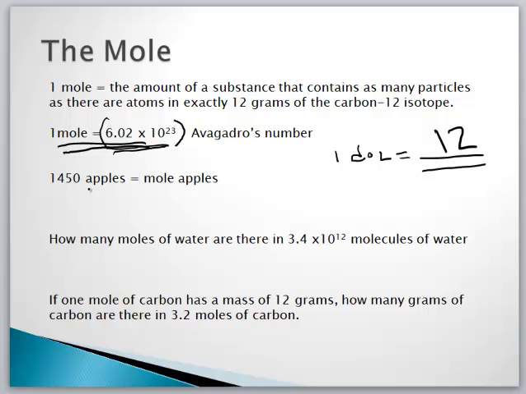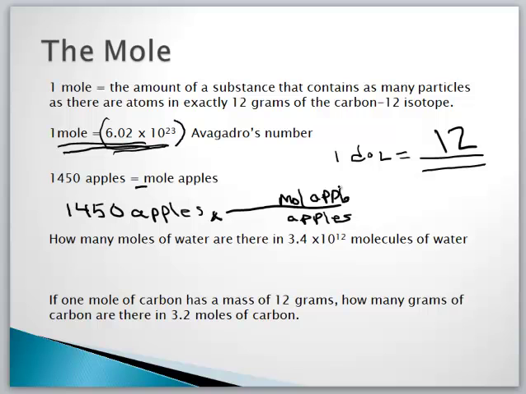Alright, so let's do some simple conversions using this concept of the mole. We're going to say 1,450 apples is equal to how many moles? So we'll start with our 1,450 apples, and I want to convert that to moles. I'm going to put my conversion factor, with apples and then moles of apples.